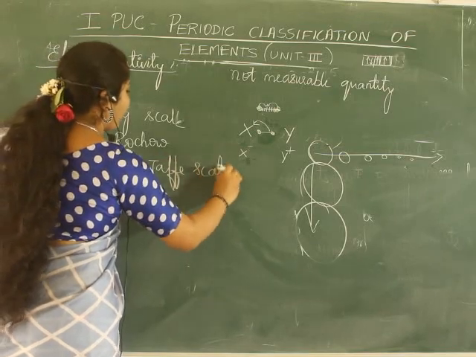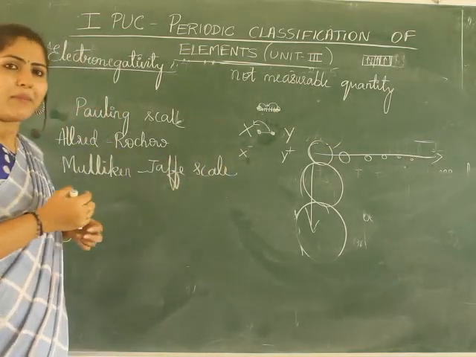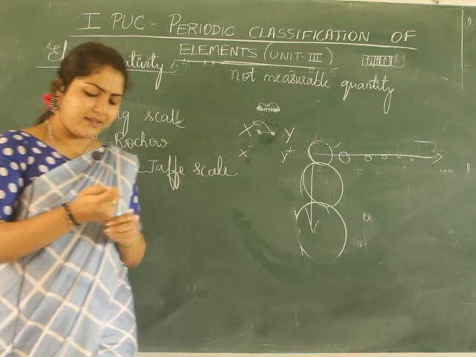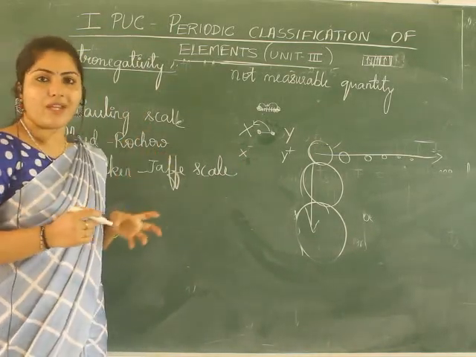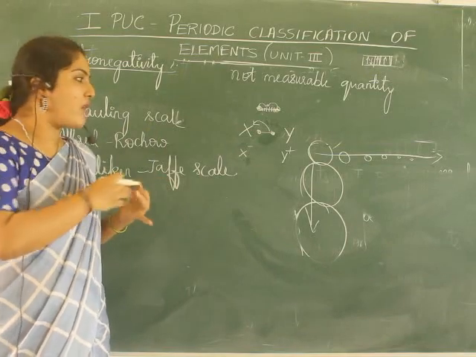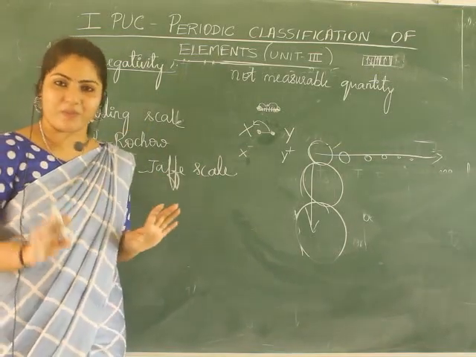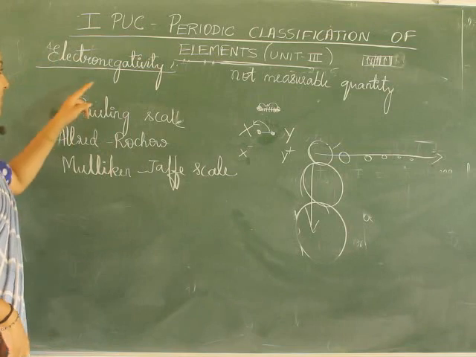Don't worry about all this, because for your board examination, this is not asked. For competitive exams, if you remember, it's better. For your board examination, you just remember the definition, how it varies across the period and down the group. Done.